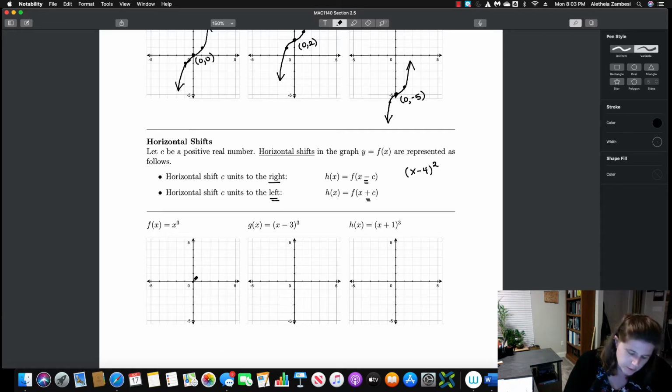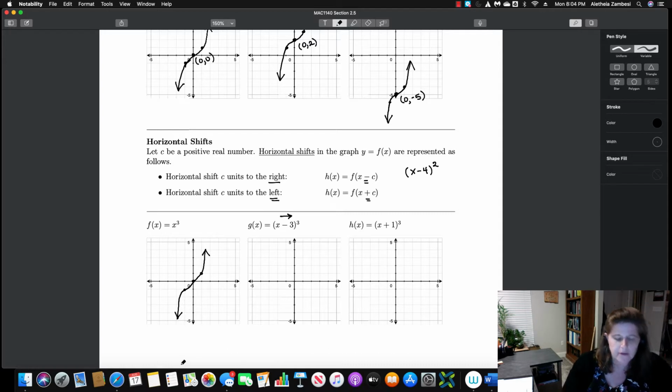So again, we'll deal with the cubic function. Here's our basic cubic function. Now, if I have that cubic function in the parentheses with x minus 3 cubed, that means I'm moving 3 units in the positive direction.